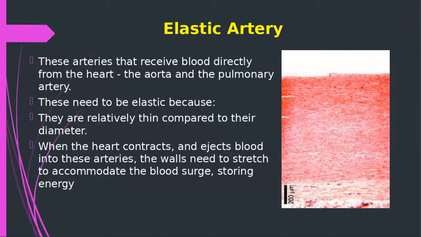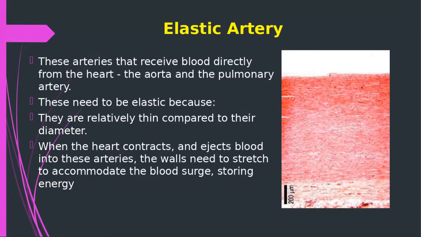Now I'll explain it in simple language. For example, the heart is undergoing contraction, and when it is contracting, it is about to release blood into these arteries. Now, if these arteries are not elastic, and by elastic I mean they should be flexible enough to stretch and to relax, that is called elasticity. Firmness is when it does not stretch or relax, it is very firm.